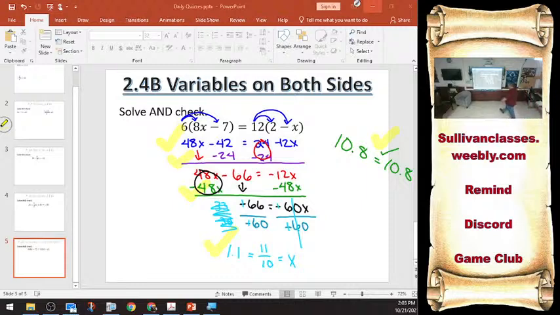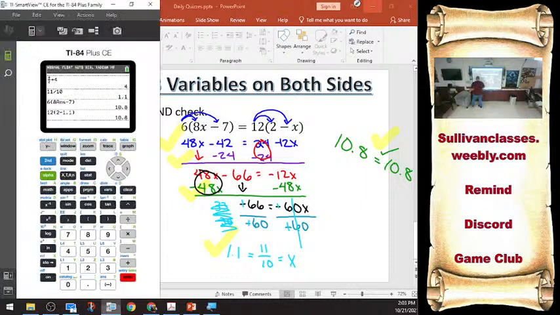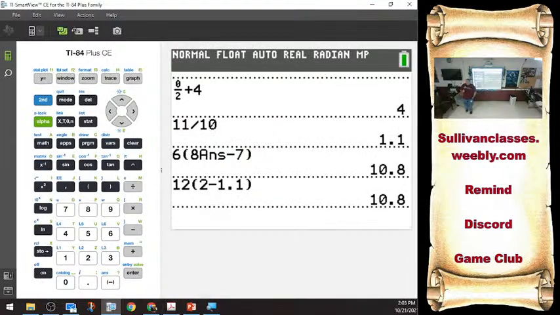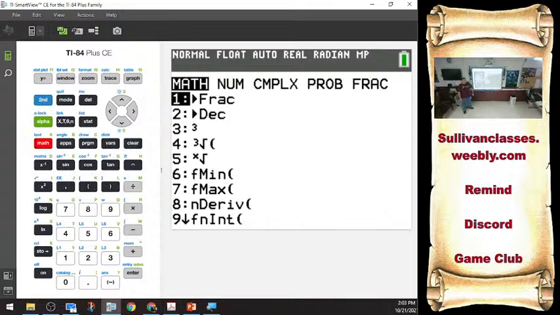Hey, there it is. Also, everyone, you should know somewhere on your calculator, you all have a feature that will switch back and forth between fractions and decimals. So let's say I'm at 10.8 and I wanted a fraction. Math, change to fraction.